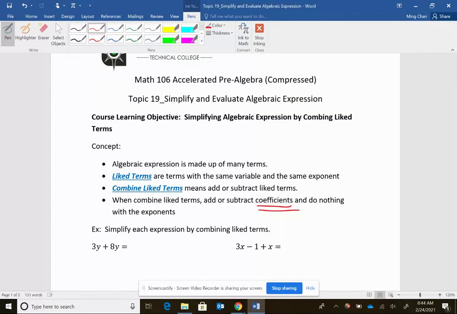But when we go to Math 108, when we start solving equations, the coefficient has a better definition. So right now, if you just think a coefficient is a number in front of a variable, that will be fine. Later on, in Math 108, we will redefine this word again.